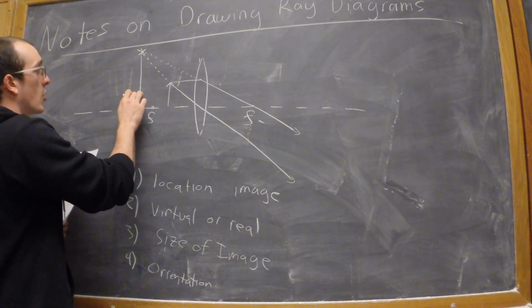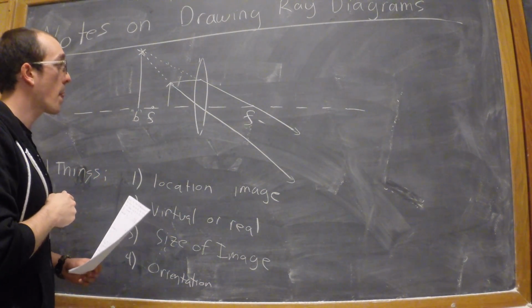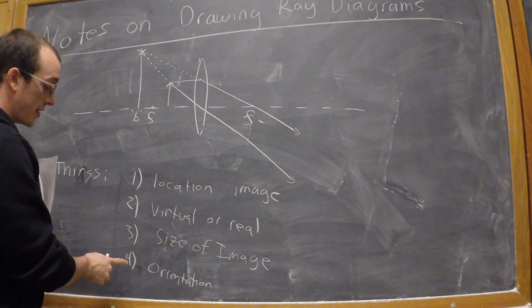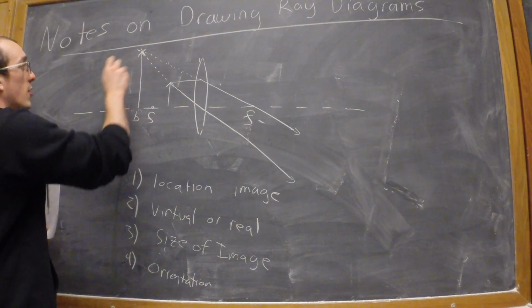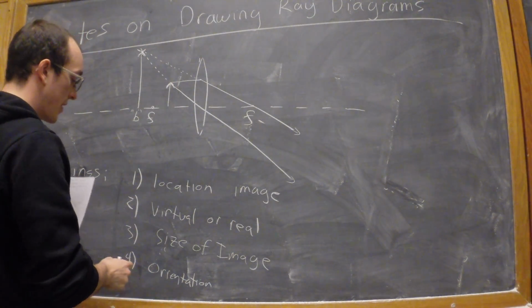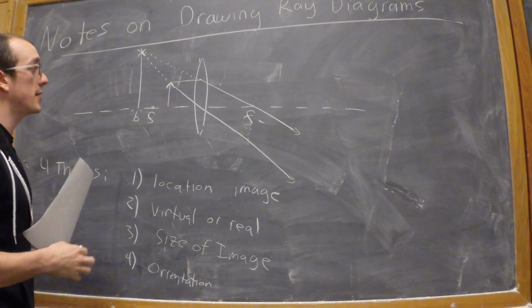Again, this arrow is longer than the object, so it's a larger image. And this time the arrows point in the same direction. Therefore, you will see the image in an upright state.